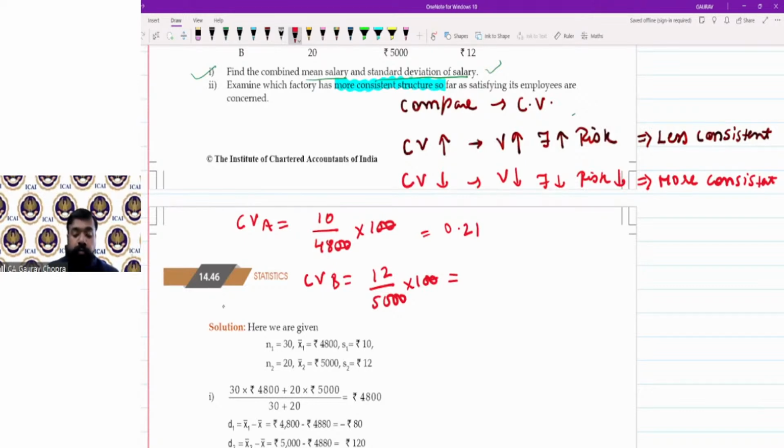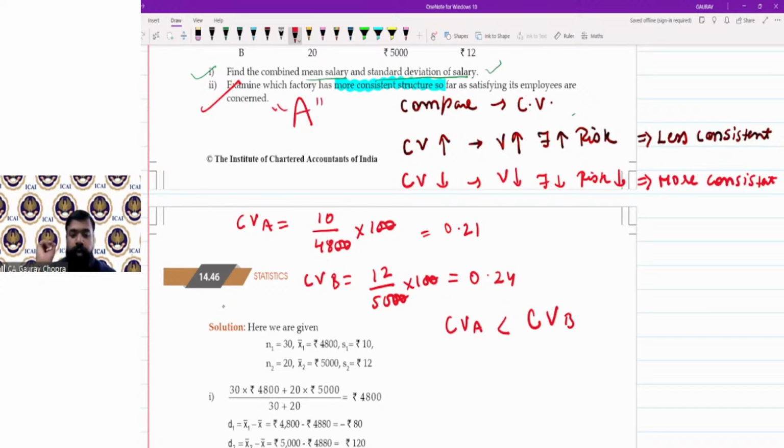So this time we are getting 0.24. So the coefficient of variation for company A is less as compared to company B. Therefore, company A is more consistent in paying the salaries. So we have to select the first option, that is factory A will be selected.